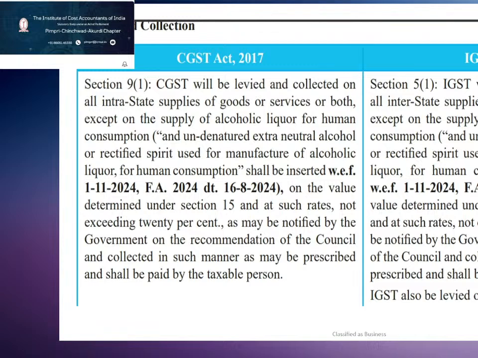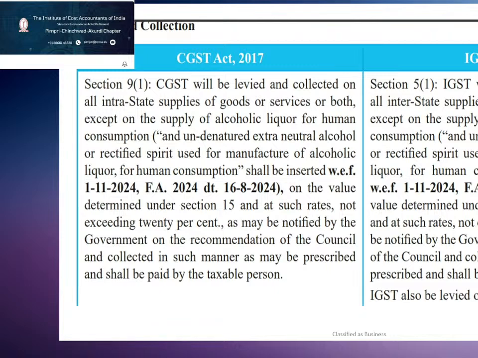So there are some exceptional cases. RCM shall not apply to services provided by a GTA by way of transport of goods carried by road to a department or establishment of the central or state government or union territory.